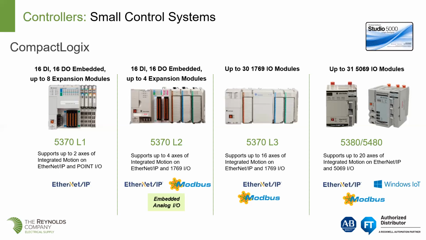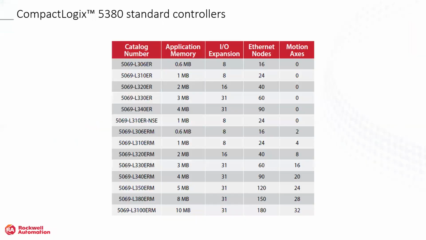So let me talk a little bit about, see if I can find the slide here. There we go. So when we look at the difference in the 5069 family, these are the model numbers, and it comes down to memory, as well as the amount of expansion IO that can go onto the newer controllers.